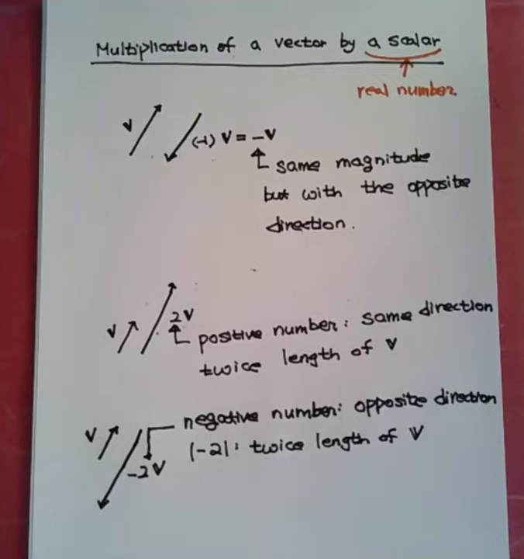This time we multiply by -2 to the vector v. If we think about the absolute value of -2, that is 2. That is associated with the length. That indicates that the new vector is twice as large as the original vector v, and the negative number indicates that the vector is in the opposite direction.